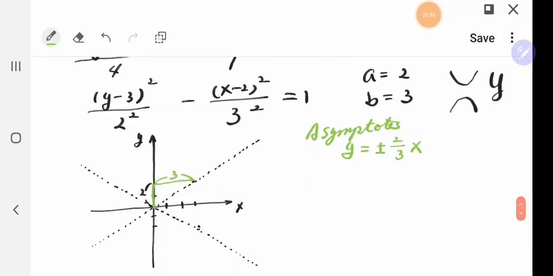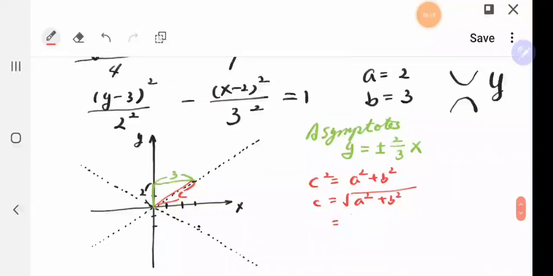Okay, how about C? Let's find the focus C. This value will be C. Then C squared is equal to what? A squared plus B squared. So C equals square root of A squared plus B squared.